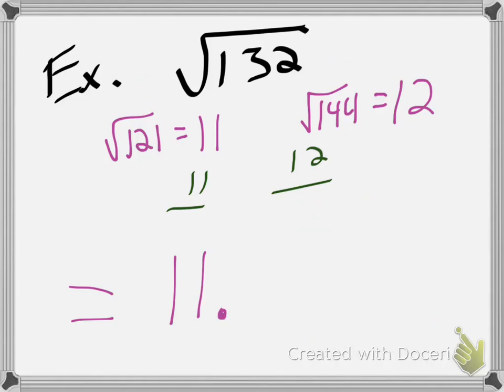Man, these are almost exactly the same. So the differences between the two are about half, which means our answer should be about 11.5. Now it's closer to the 11 side, so I'm going to guess it's going to be 11.45, which is basically 11.5.